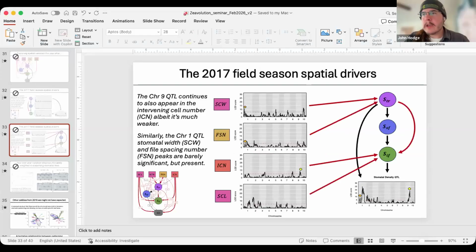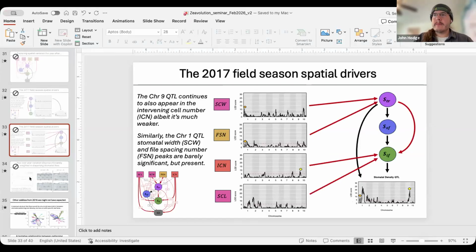I do think that there probably is some trade-off. Actually, let me see if I can share one of my slides. There we go. This was from the 2017 data that we never ended up publishing. You can see that the region on chromosome 9 is still doing almost what it wanted to do, but the chromosome 1 QTL is all but gone.